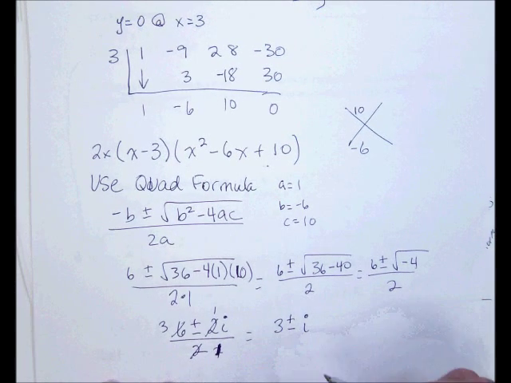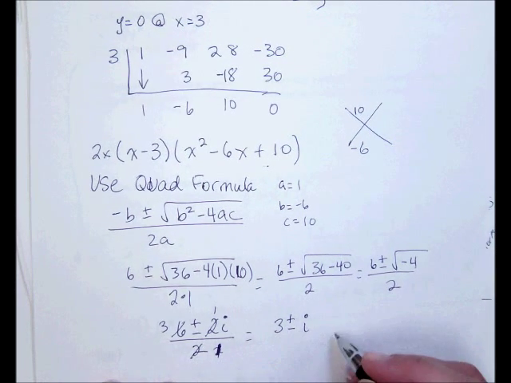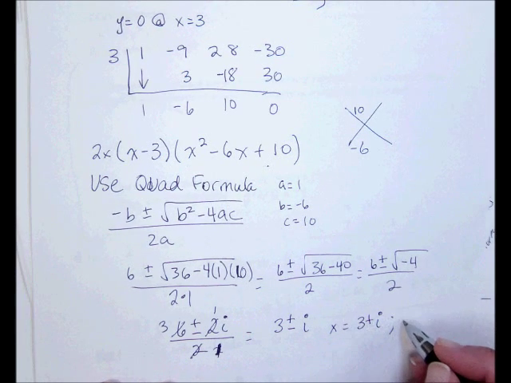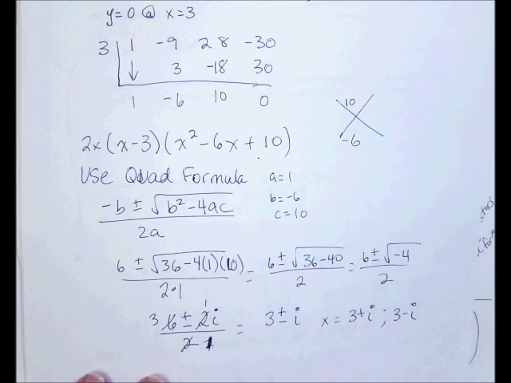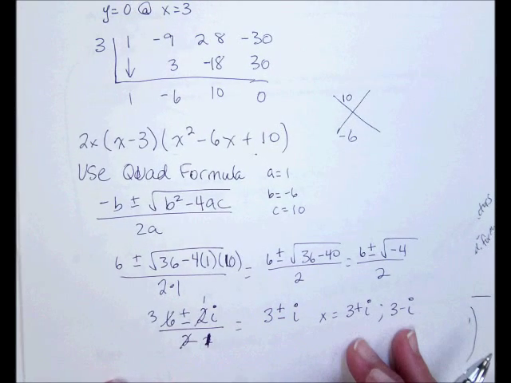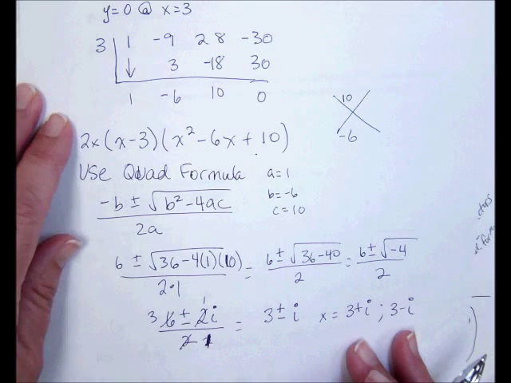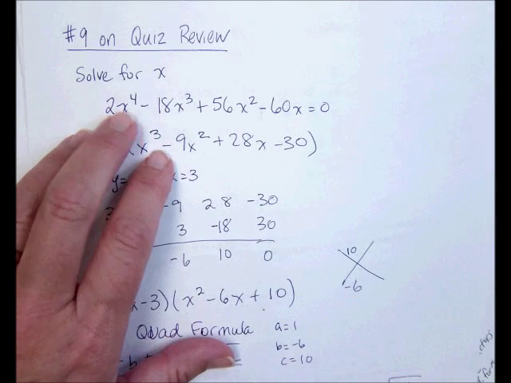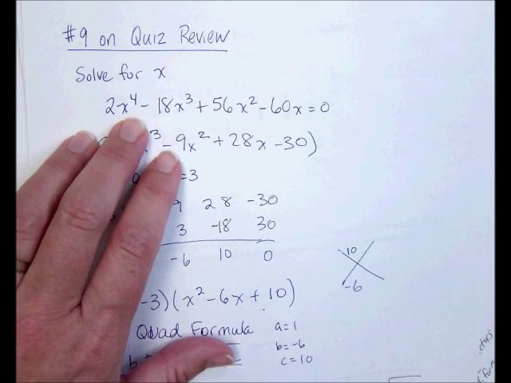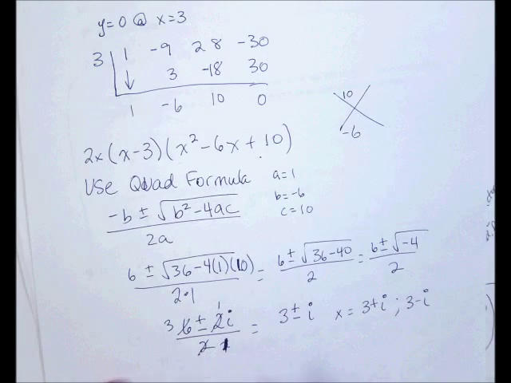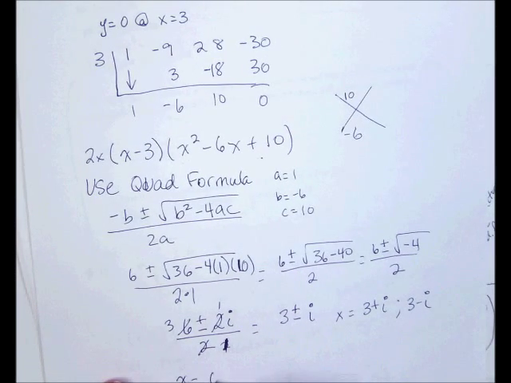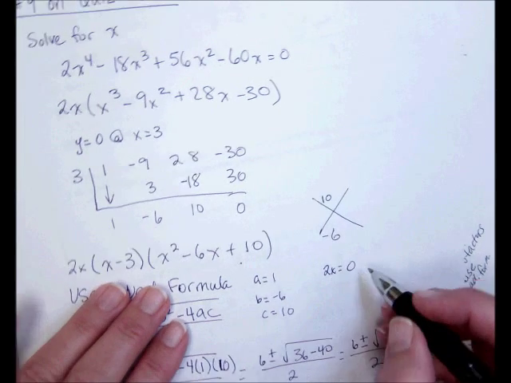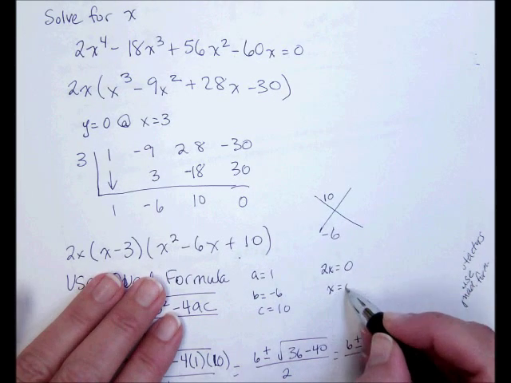So this tells me that x can equal, at this point, 3 plus i, or x can equal 3 minus i. So those are my other two roots besides the ones I already found up top that would make up my 4 possible roots for this equation, or polynomial. So when listing my roots, I say x is equal to 0, because I set 2x equal to 0 and solve for x.